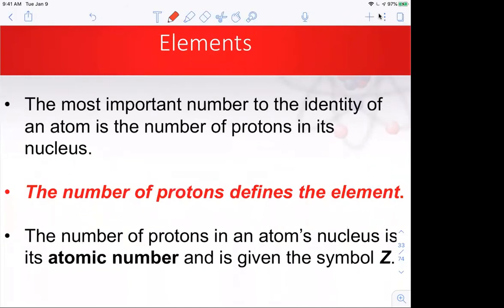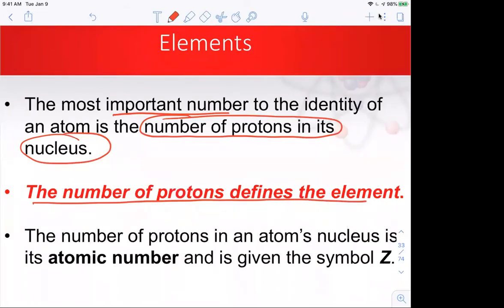When we consider elements, like the elements off of the periodic table, the most important number is the number of protons in the nucleus. The number of protons defines the element. Carbon has 6 protons.